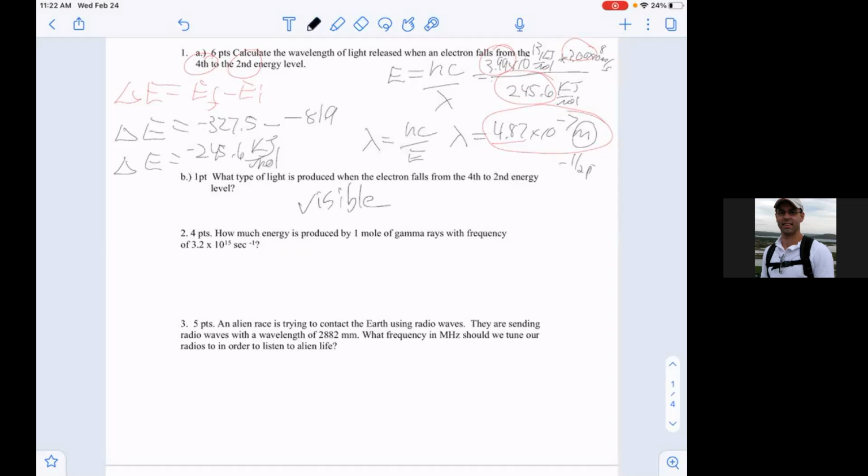All right, how much energy is produced by 1 mole of gamma rays with a frequency of 3.2 times 10 to the 15th per second? So I'm looking for energy. I've got a frequency.